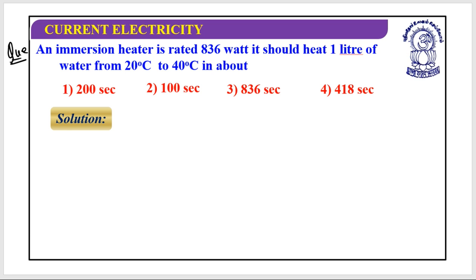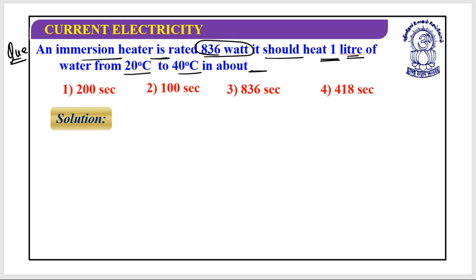What does it say? It says that an immersion heater is rated 836 volt. It should heat 1 liter of water from 20 degrees Celsius to 40 degrees Celsius in about... Yes, very good question.